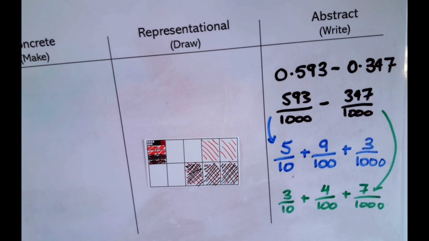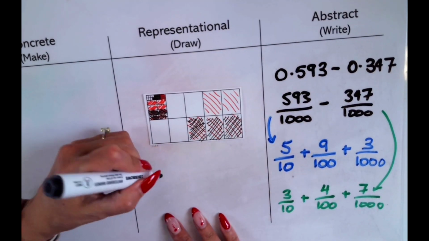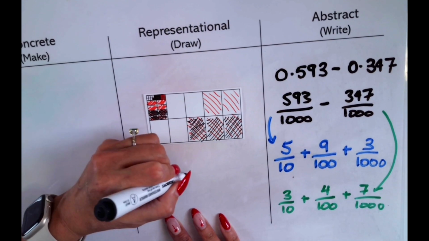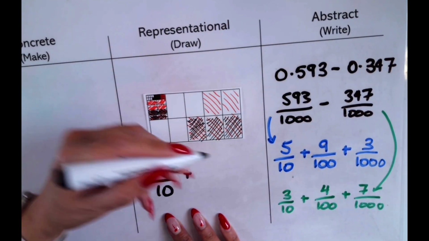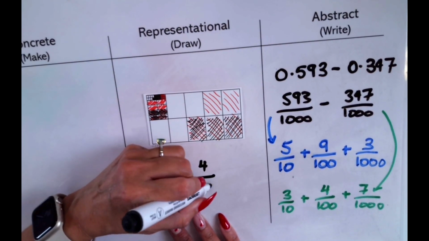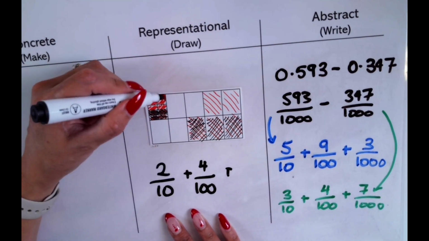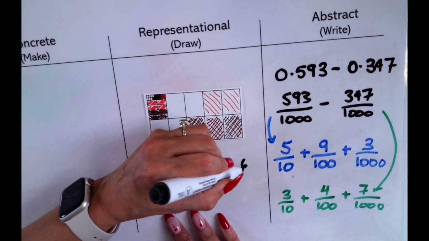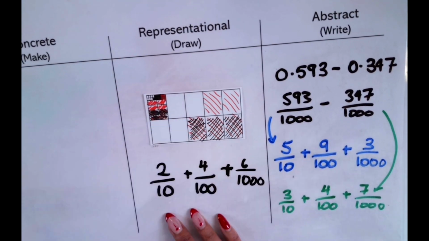Now everything that is still shaded in orange, that's going to be your difference. That's going to be your result of this subtraction. And it will be 2/10 plus 1, 2, 3, 4 hundredths plus 1, 2, 3, 4, 5, 6 thousandths.